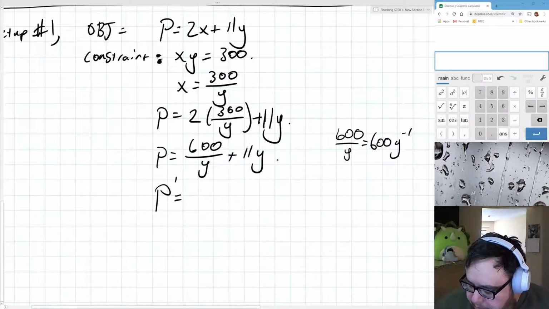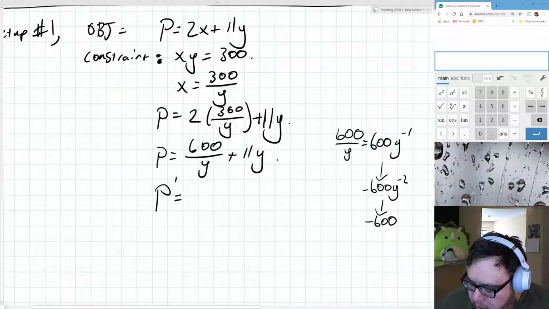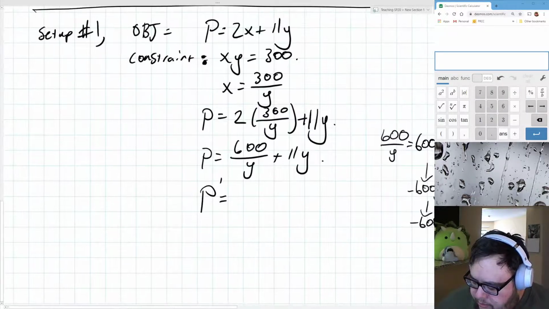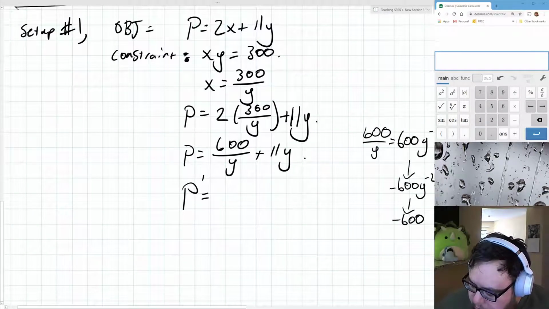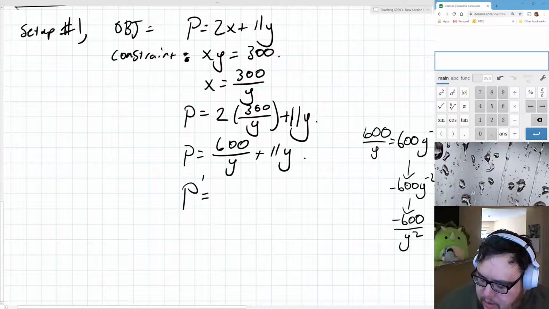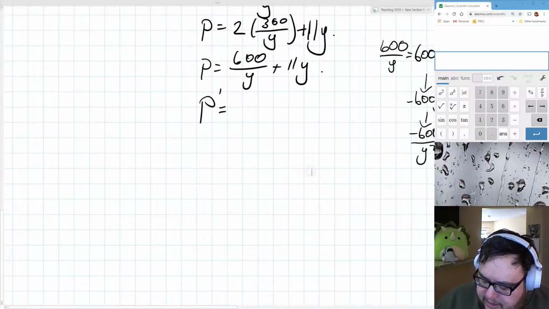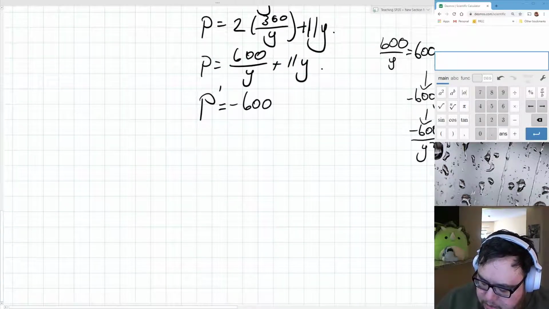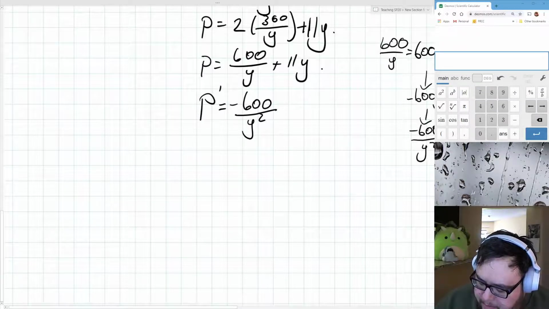And when we take its derivative, we end up with negative 600 y to the negative 2, which is negative 600 over y squared. So our derivative is negative 600 over y squared plus 11.